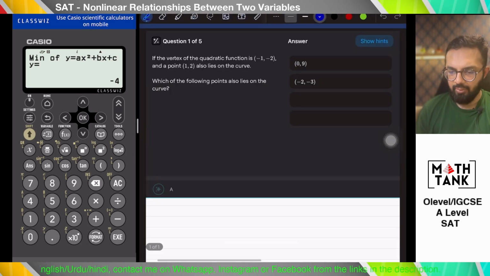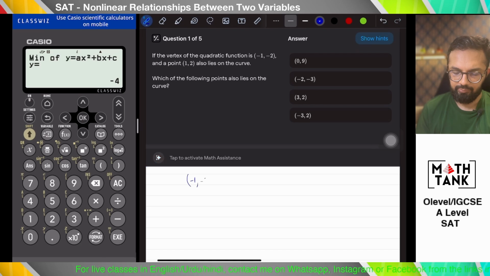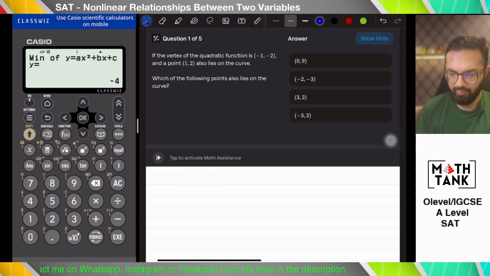Okay, last set of hard questions, 5 questions to go. If the vertex of the quadratic function is this and a point (1, 2) lies on the curve, which of the following points also lies on the curve? Okay, I will need the equation of the curve, or is there another way to do it?